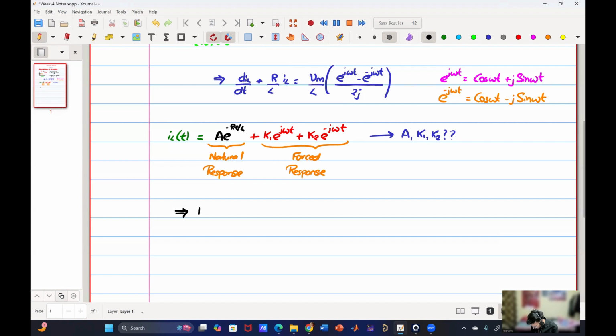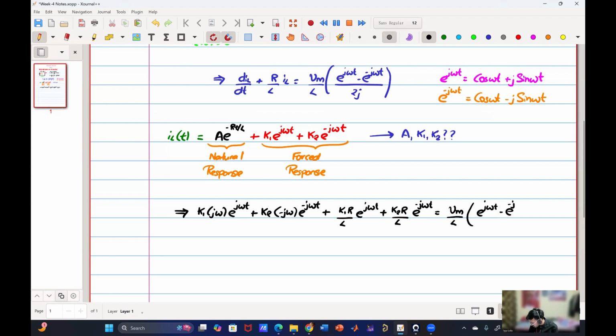So it will be K1 into j omega into e to the power j omega t plus K2 into minus j omega into e to the power minus j omega t plus K1 R by L e to the power j omega t plus K2 R by L e to the power minus j omega t equal to Vm by L into (e to the power j omega t minus e to the power minus j omega t) by 2j. So is this step clear? I have just directly written the expression.